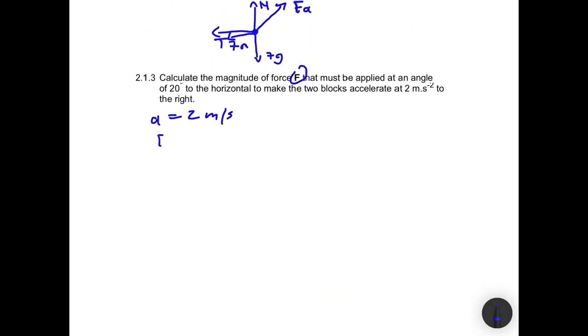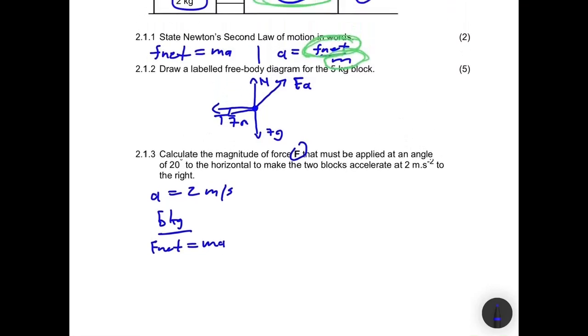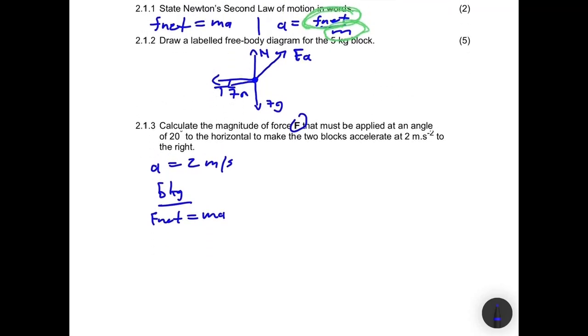So what are we essentially saying? We're saying that for the 5 kg block, F net is equal to ma, right? Now in place of F net, we can add the forces that are acting, and in place of ma, we have the mass and we know the acceleration. Which forces are acting?